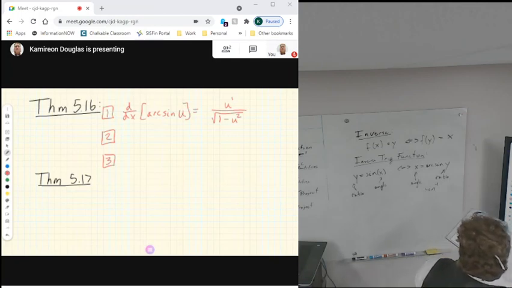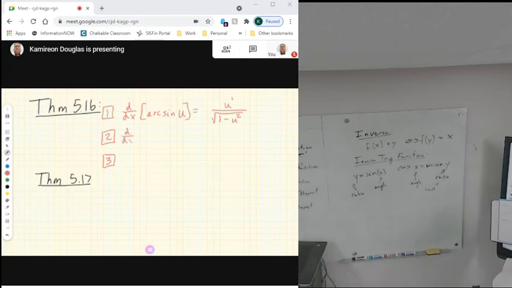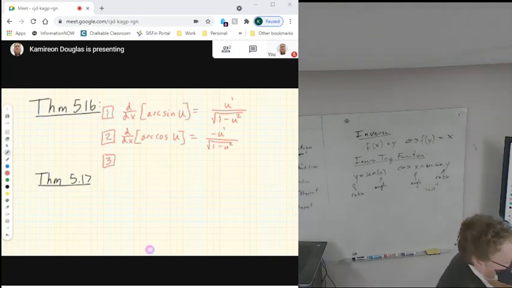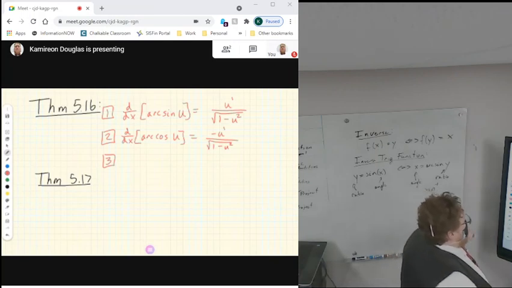The derivative of arccosine of u is equal to negative u prime over the square root of 1 minus u squared. You notice that not only are sine and cosine derivatives related to each other, arcsine and arccosine derivatives are related to each other. It's kind of neat.